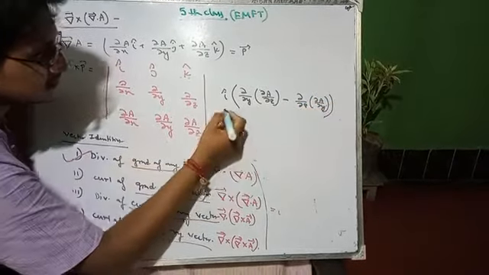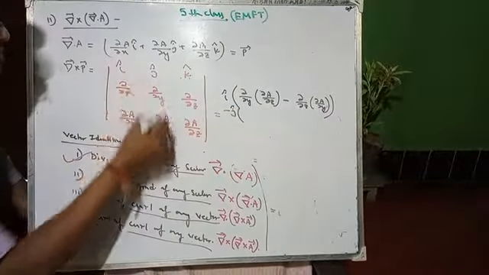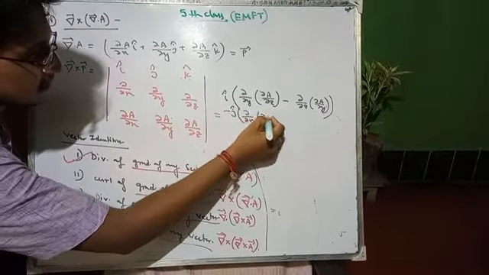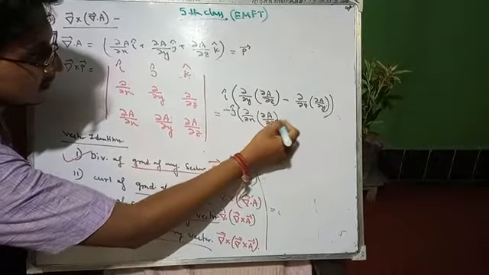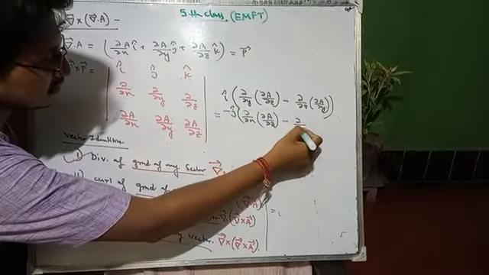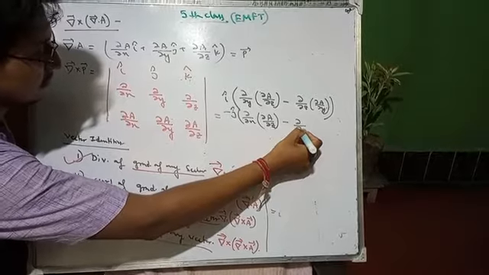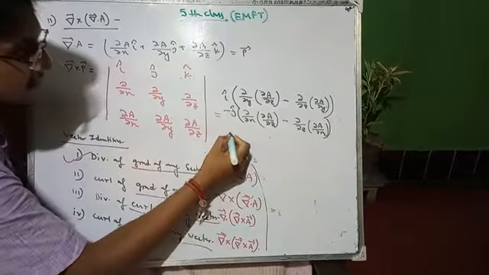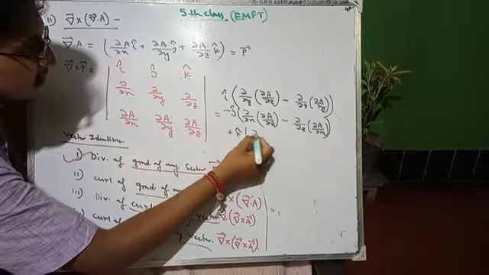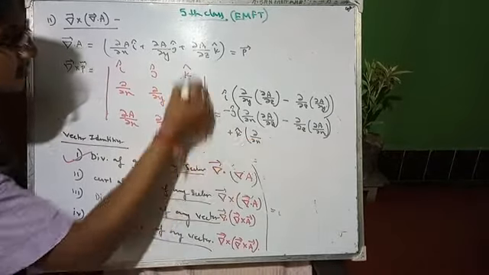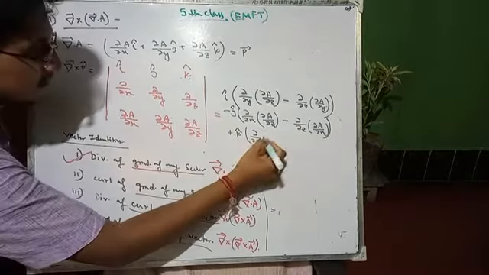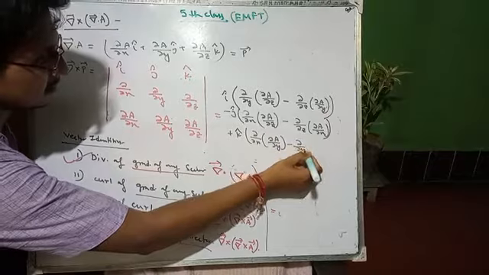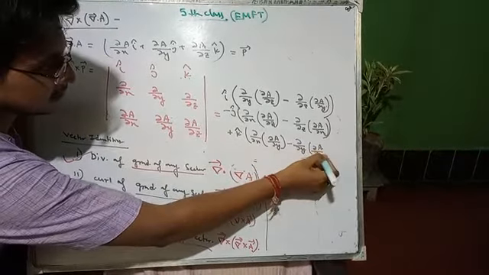Minus j cap times del del x of del a del z, minus del del z of del a del x. And plus k cap times del del x of del a del y, minus del del y of del a del x.